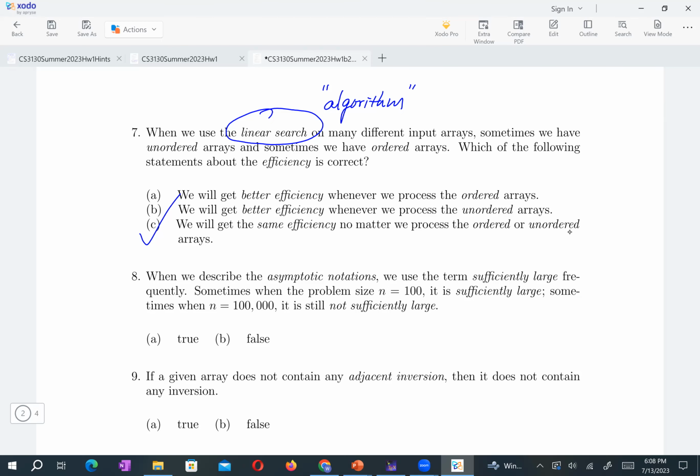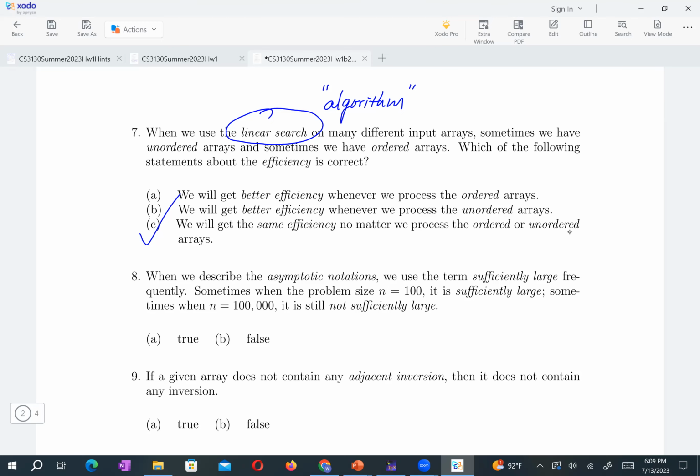The computer just receives an array, ordered or unordered, and because you make the computer implement linear search, it won't apply binary search. It's still sequential linear search.